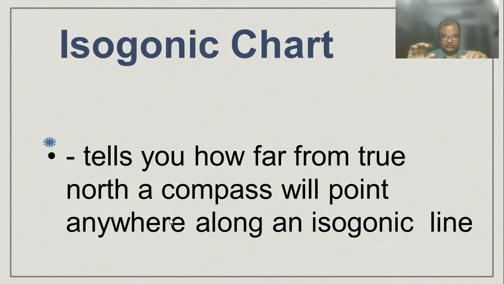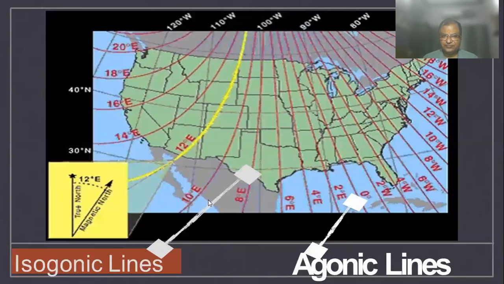It tells you how far from true north a compass will point anywhere along any isogonic line. You can see this is an isogonic line.